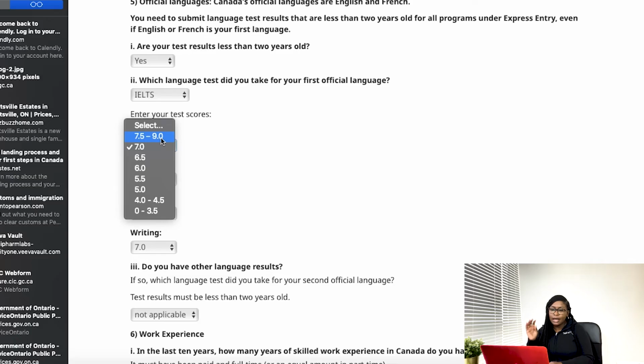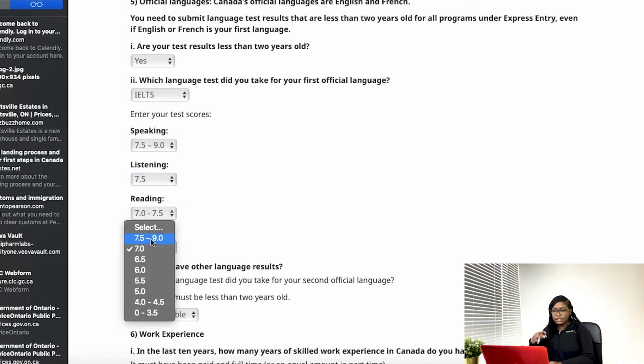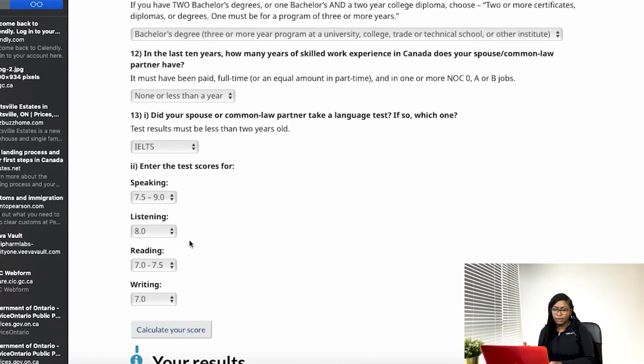One other thing that I'll do on here is I will go ahead and bump back up the primary applicant, and then we're going to take a look to see what happens if the secondary applicant does badly on their scores.